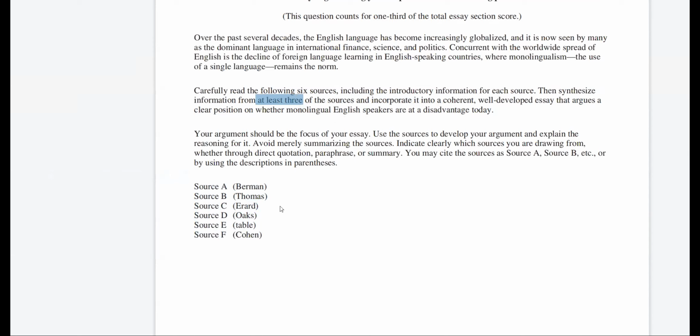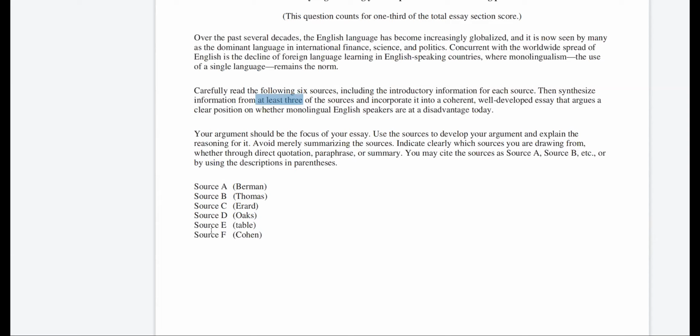So as long as I interpret 3 sources correctly, I qualify for this point. I highly recommend you try to use all 6 sources, just in case we misunderstand 1, 2, or 3 of them, and we're still safe. This is what we call buying insurance.